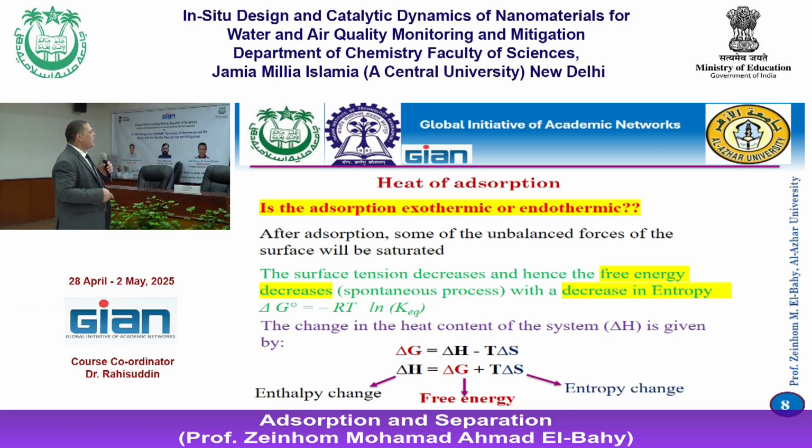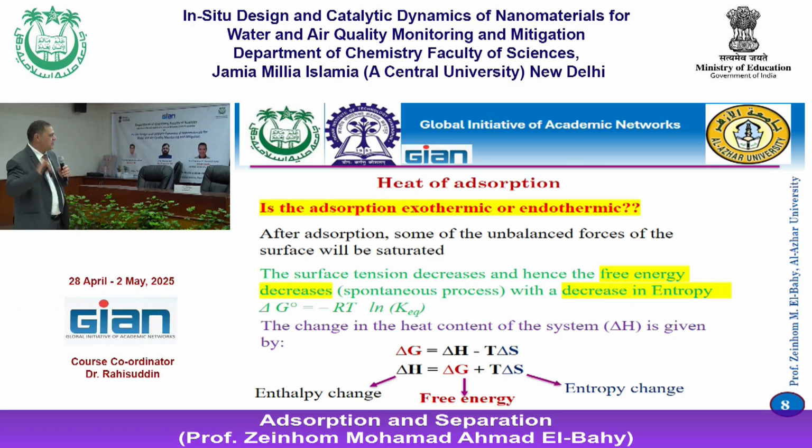How can we calculate it? Let's see. Delta G, yes, that's what we just mentioned. Delta G is negative and delta S is negative. So we calculate by the Clausius-Clapeyron equation: ln P2 over P1 equals Q, which is delta H, the heat of adsorption, divided by R. R, of course, you know, is the universal gas constant.